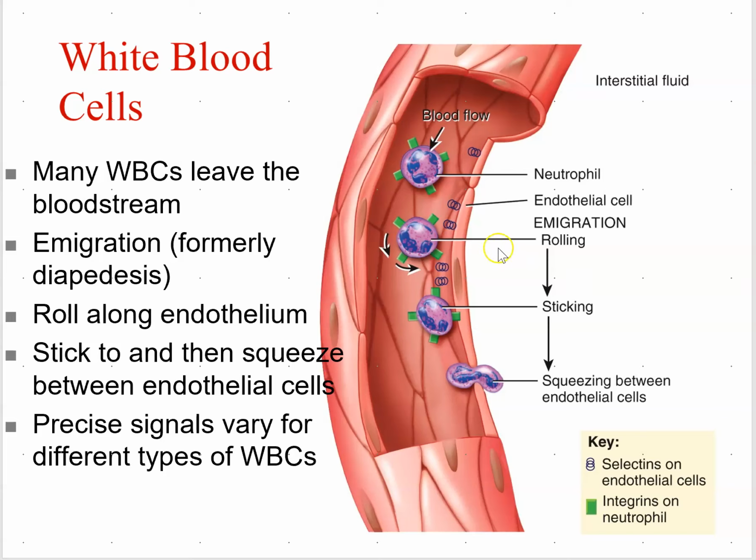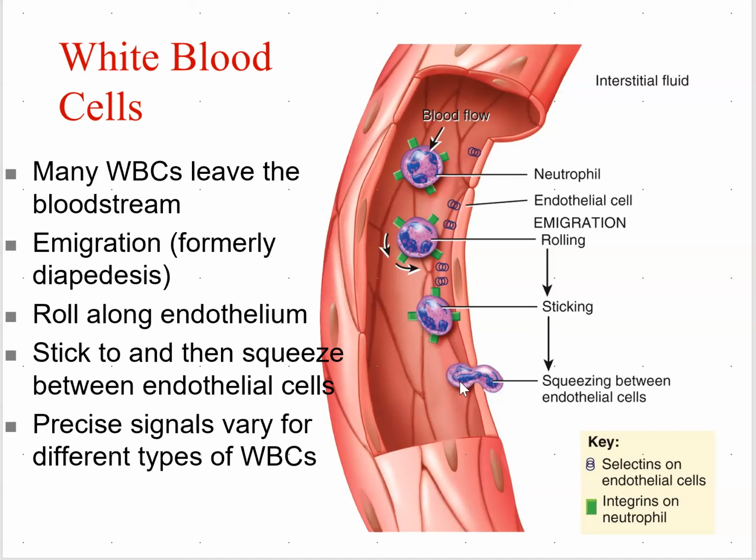And in the damaged tissue, monocytes, which are other specialized white blood cells, can differentiate into macrophages. And macrophages are phagocytic in nature. So the macrophages basically eat up pathogens and present them to the immune system.